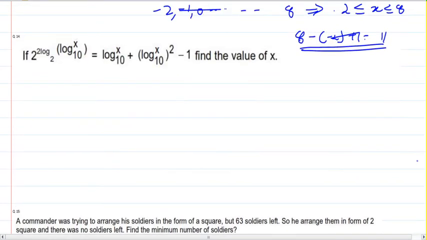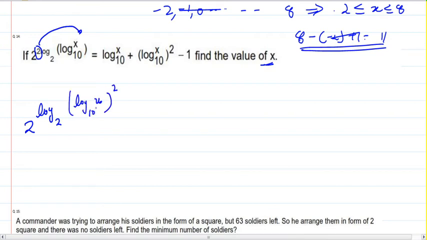I see a big equation in logs and I'm supposed to find the value of x. This gives me an idea. I should do something such that I can remove logs. Now I notice one thing here. If I transfer this 2 in the power, I've got 2 log base 2 log x base 10 square.